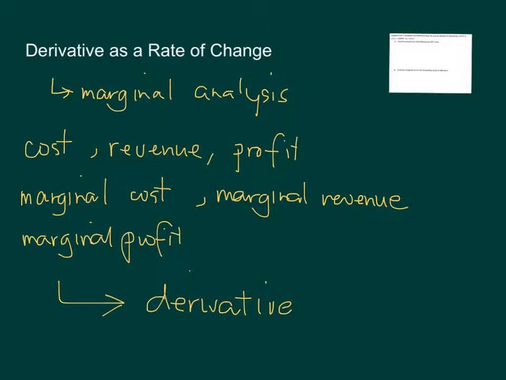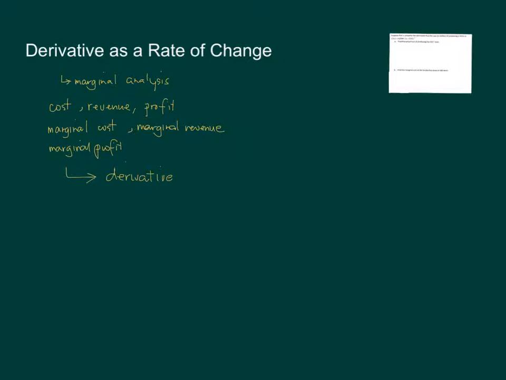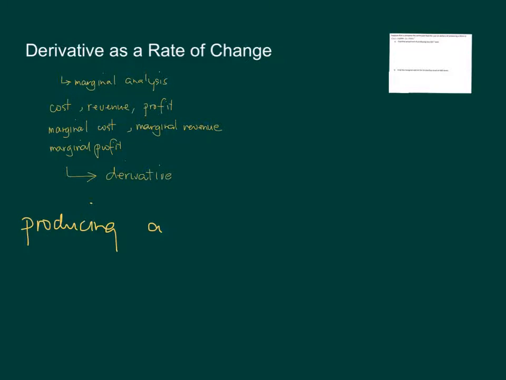In concept, when we speak of marginal values, in a production, say you're producing a certain quantity or a certain product.